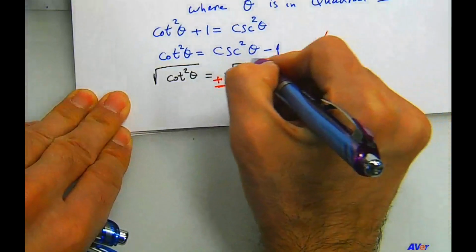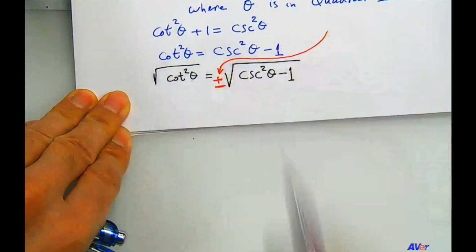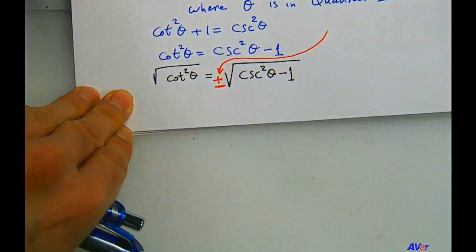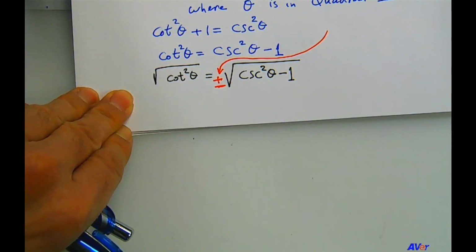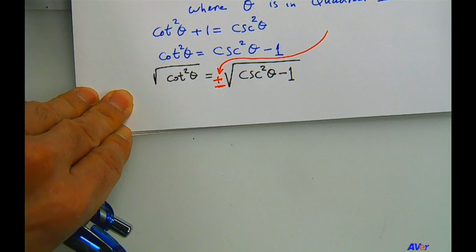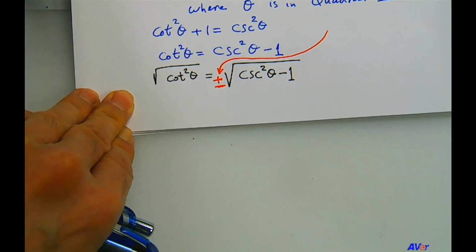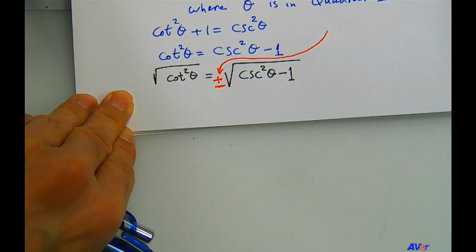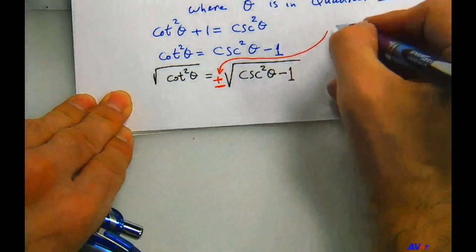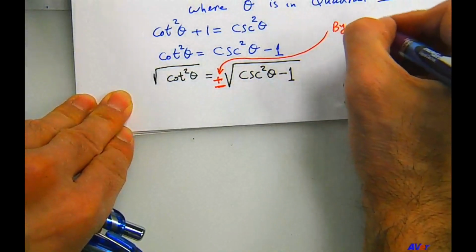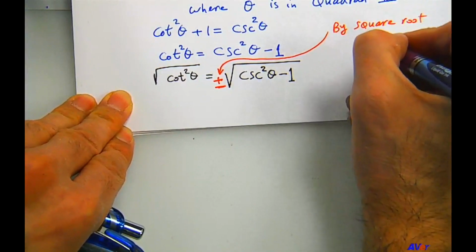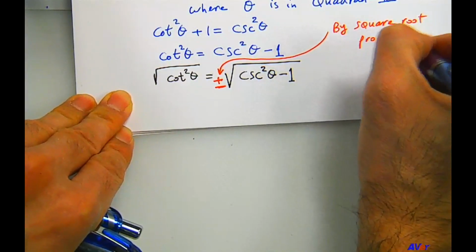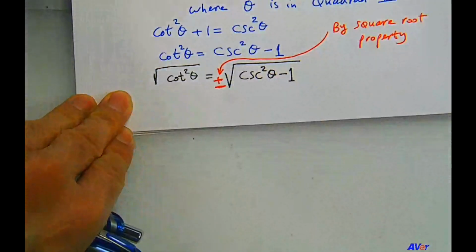I'm going to recall, and this is something that you must have seen either in Math 95-96 or Math 124 or even Math 126, some of the earlier classes. So this is, by square root property, we must have plus or minus.